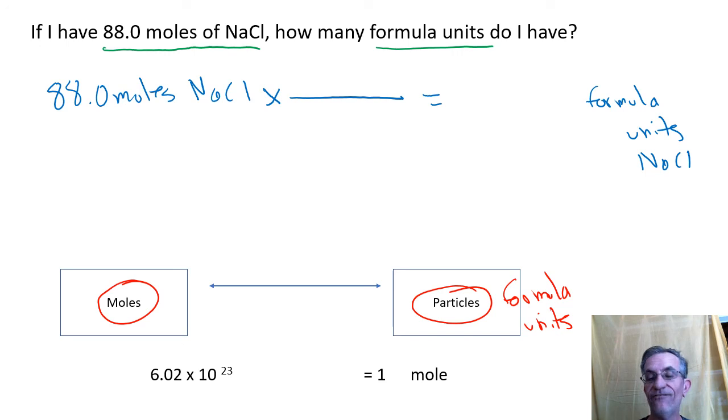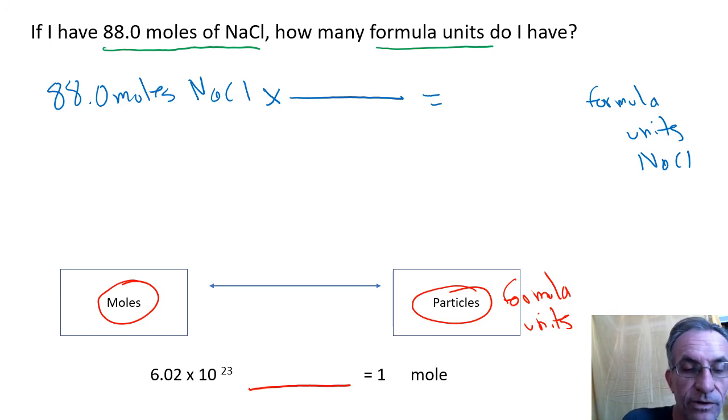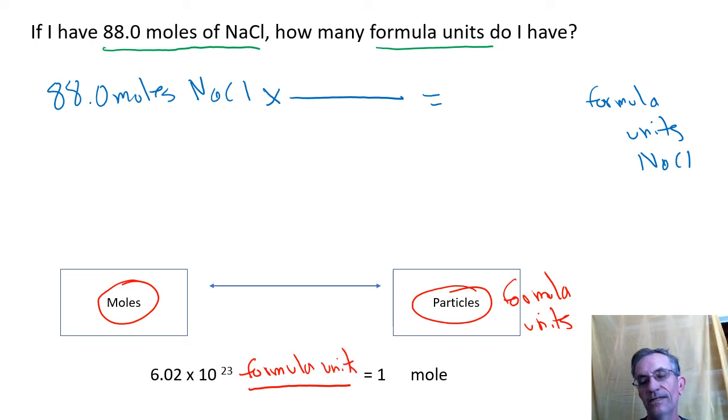So to get from one to the other, you use Avogadro's number. 6.02 times 10 to the 23 equals 1 mole. 6.02 times 10 to the 23, there's going to be a word here. Not atoms, not molecules. Should be formula units. 6.02 times 10 to the 23. So one of those three options goes next to Avogadro's number in a mole.